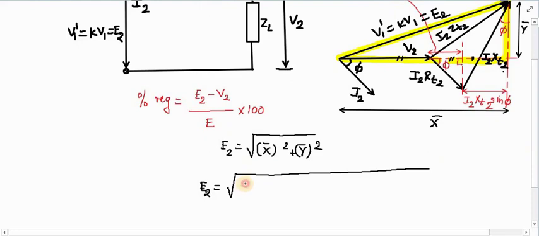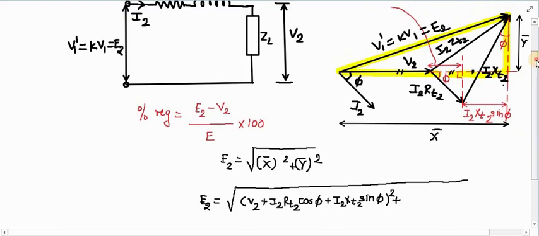So for x bar, I can write V2 plus I2 RT2 cos of phi plus I2 XT2 sine of phi, whole square, plus the vertical component.